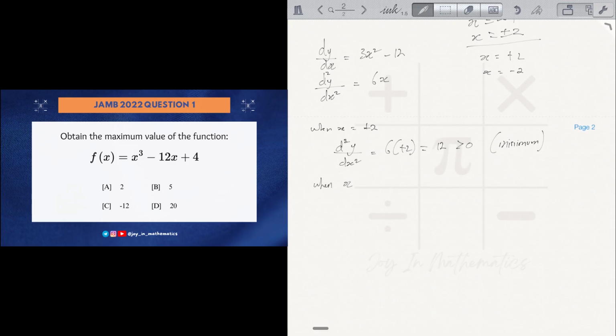When x is equal to minus 2, d squared y/dx squared is equal to 6 into minus 2, and this gives minus 12, which is less than 0. So this is the maximum value. Therefore, the maximum value that we are looking for is equal to minus 12, which is option C.